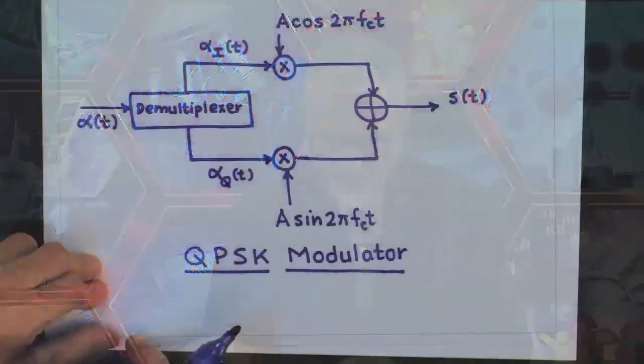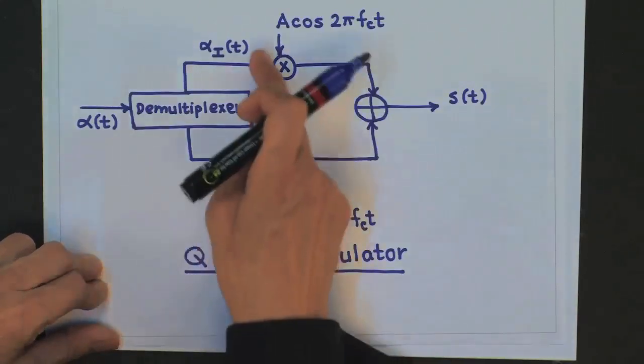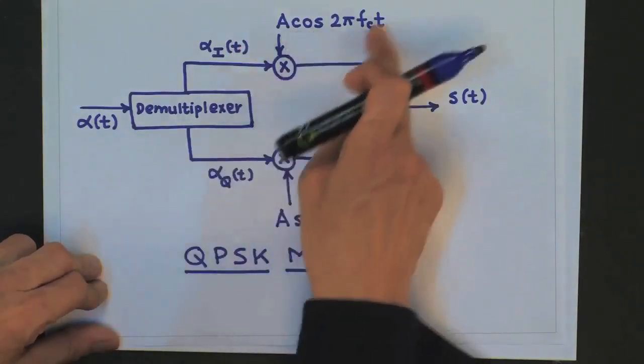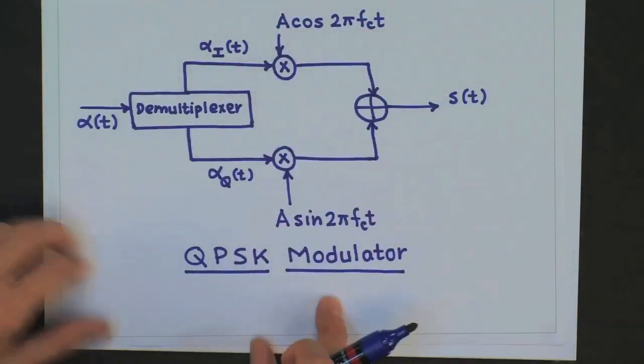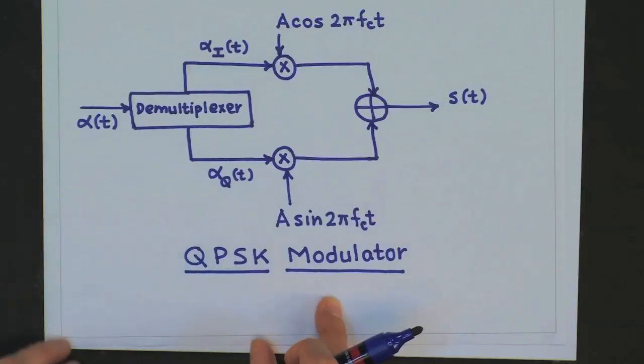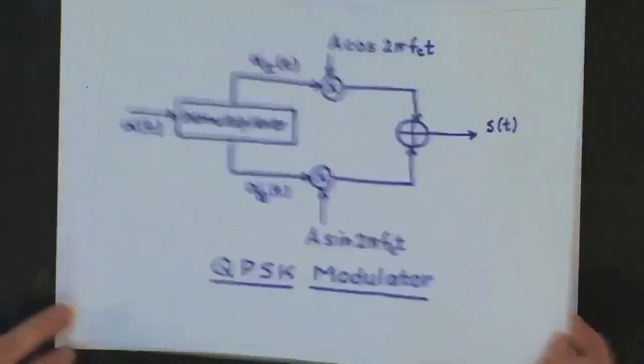So, the QPSK modulator will look something like this. I have my alpha t, the input, and then it gets demultiplexed into two bit streams. This is the in-phase and this is the quadrature bit stream, and each of these bit streams gets modulated. This gets modulated by cos 2 pi fc t, this gets modulated by sin 2 pi fc t, and s t is the QPSK signal which is generated.